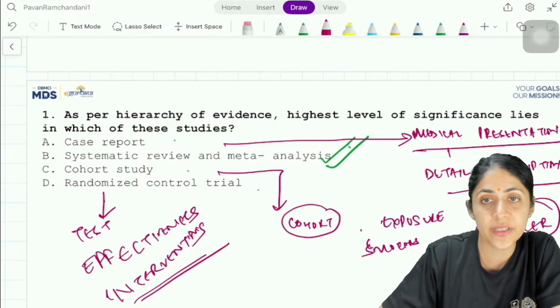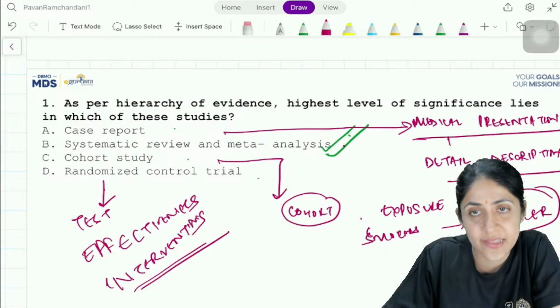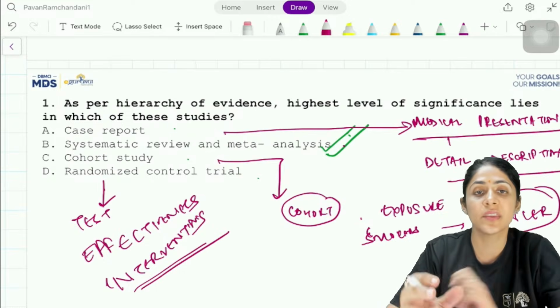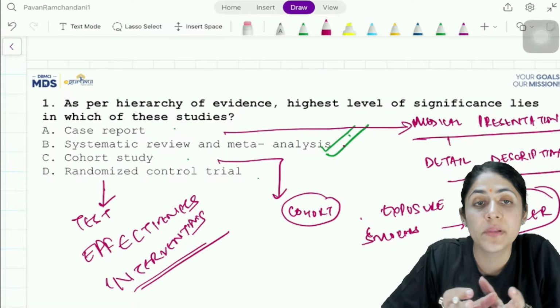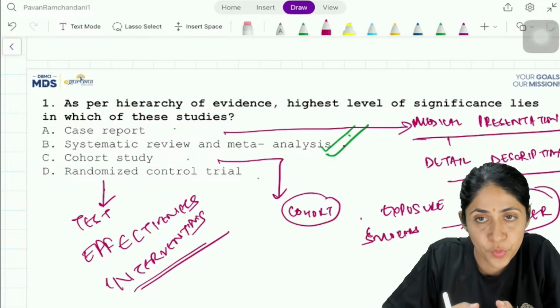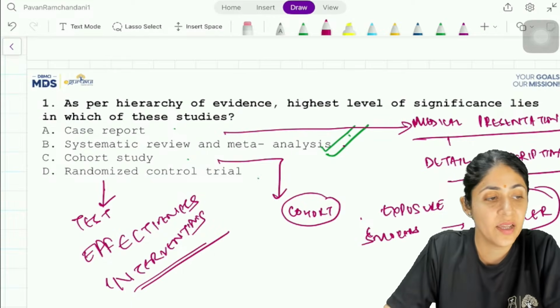Understood? Basically, systematic reviews come at the highest level after the clinical guidelines, because you synthesize the data from multiple studies, so you get to know the validity of those studies. That is what a systematic review is.